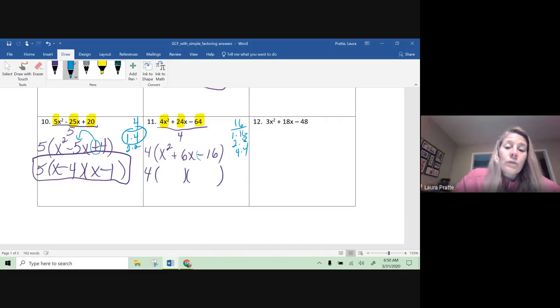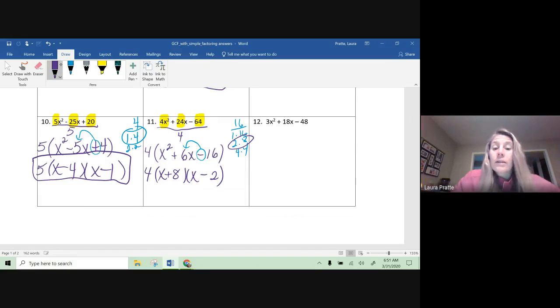And I need to know which of those pairs will subtract to give me a 6. So what's it going to be? 2 and 8. So in order for me to get a positive 6, I would need a positive 8 minus 2, right? But you know the signs are different because of that negative there. The 6 tells you it's positive, so the bigger number gets the positive, the smaller number gets the negative.